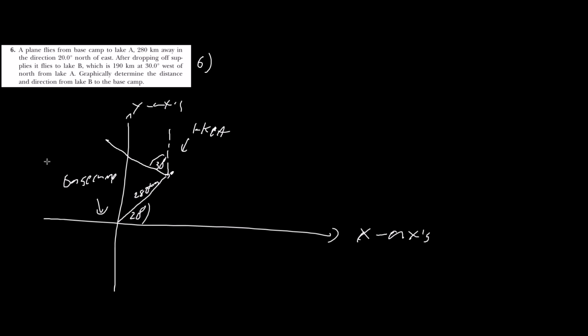Since this is the base camp right here, the question is asking to graphically determine the distance and direction from Lake B to the base camp. So this is what we define to be Lake B, and this is 190 kilometers.